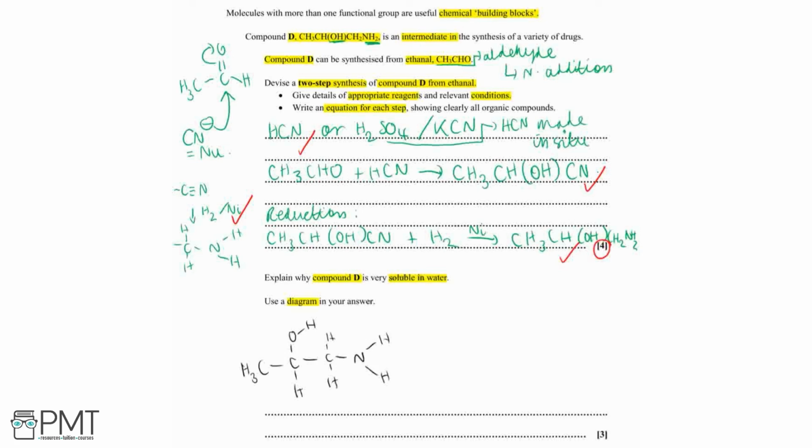And what we know about both of these groups is that they contain lone pairs on the oxygen and on the nitrogen overall. And therefore, because these electronegative atoms are also bonded to hydrogens, these will be able to form hydrogen bonds with water. And because we've got two groups which can form those hydrogen bonds, that means that it's going to be a very soluble compound in that water.